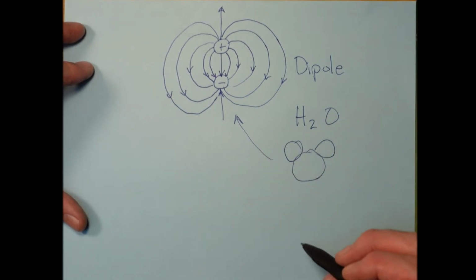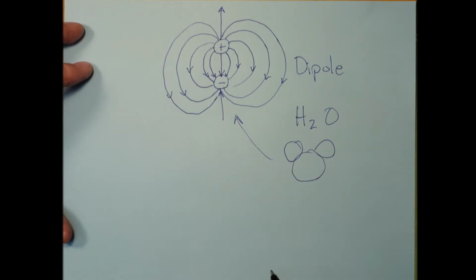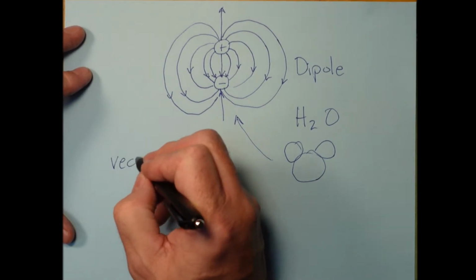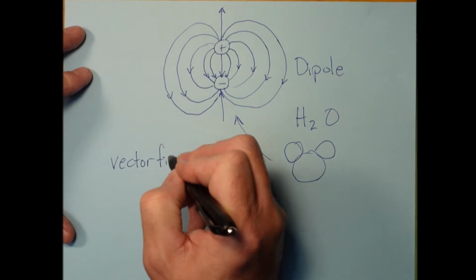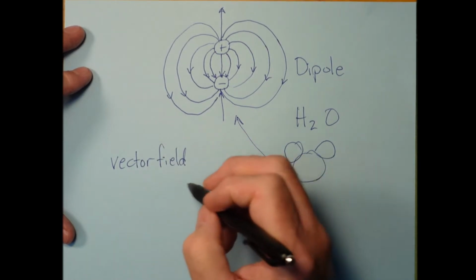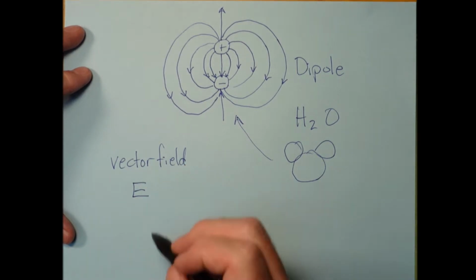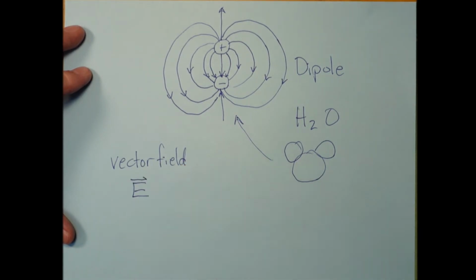All right, we've talked about electric fields. We've given some examples of how to sketch them and so forth. We've called this a vector field, and it is. We're going to use the symbol E for the electric field, but it is a vector, so we'll put that little arrow over the top of it like that.